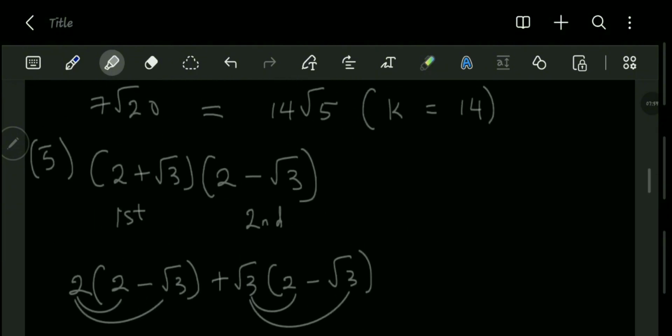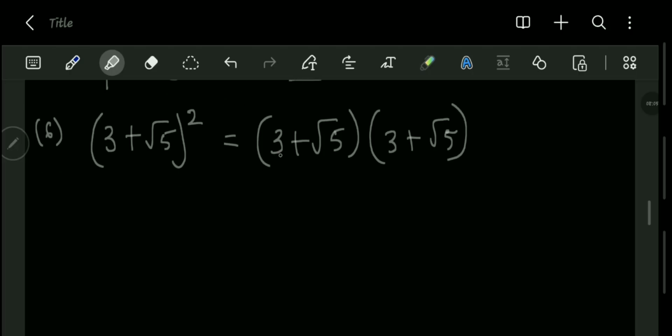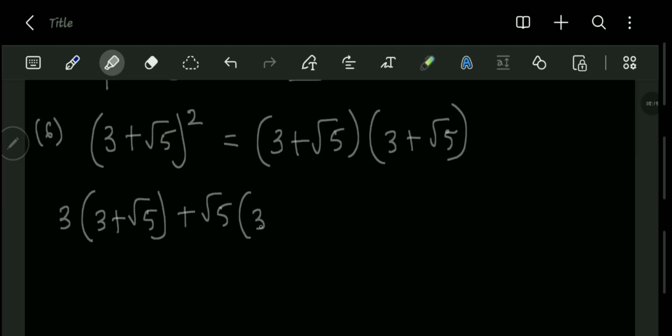And it's just like this question, right? So I'm going to use the first bracket to expand the second. So picking the first term here, I'm having 3 into 3 plus surd 5, then plus surd 5 into 3 plus surd 5.